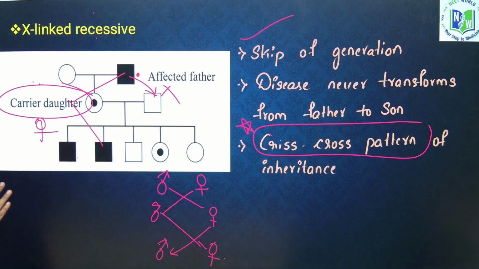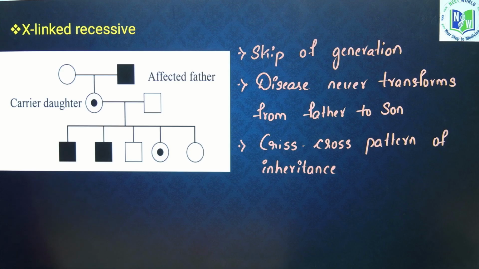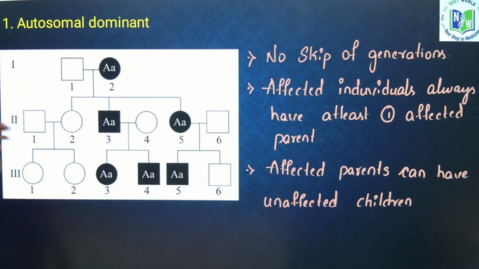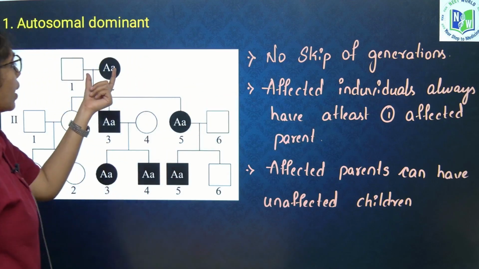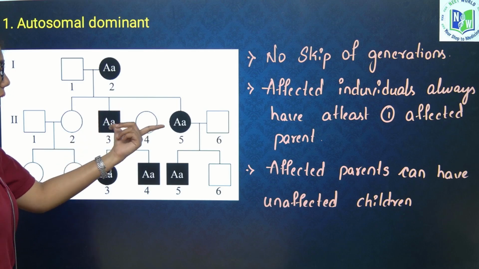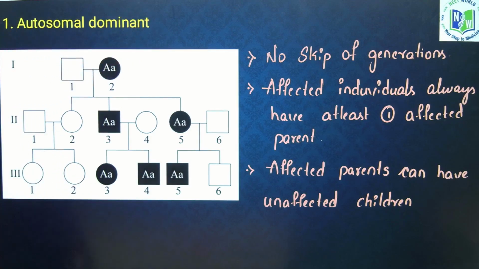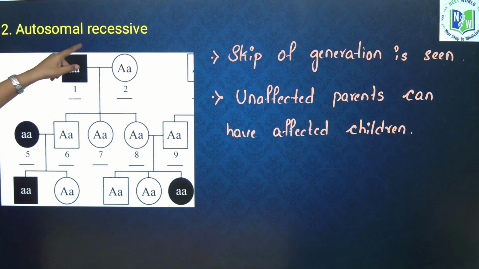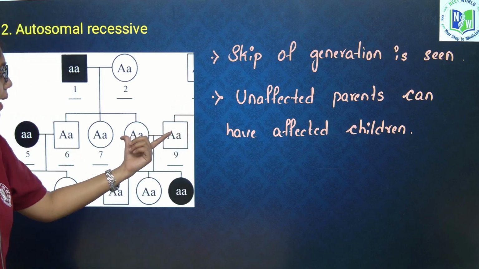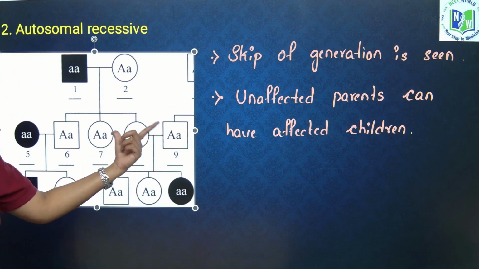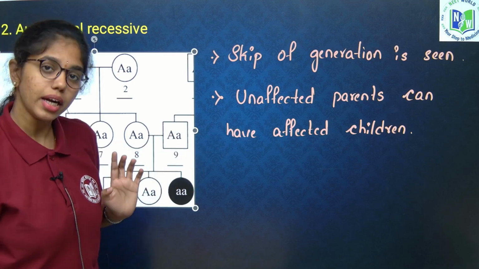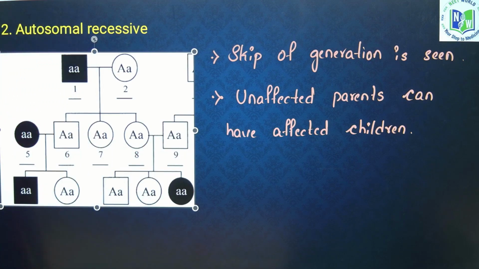Autosomal dominant you can identify with just one trait: affected individuals will have at least one affected parent, and there is no skip of generation. For autosomal recessive, definitely skip of generation will be there, and unaffected parents will have at least one affected child. So this you have to remember.